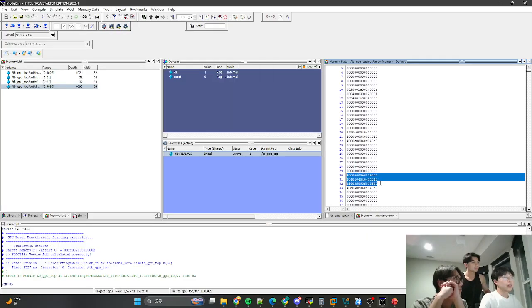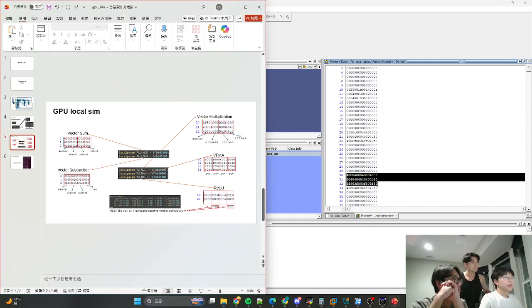And here is our vector fused multiply and add instruction result, which does both multiplication and add by doing A times B plus C. And the last one here is ReLU, which makes the negative values into 0 and keeps the positive values.